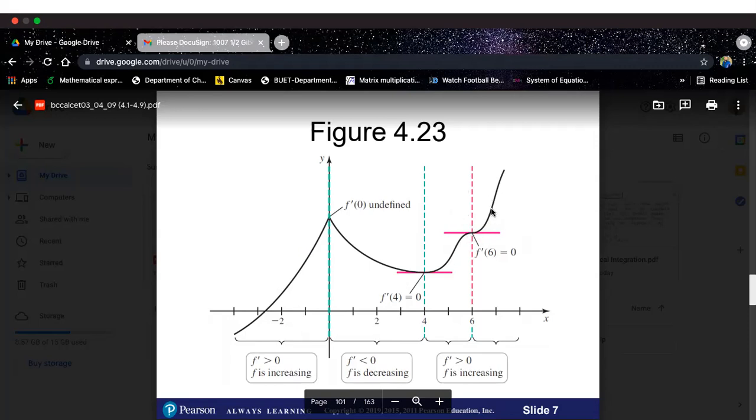I shouldn't say change of direction. You can see it's taking a slight turn over here and then starts going down again. We've seen a graph like this, I guess, for x cubed or something like that, a couple of lectures back.